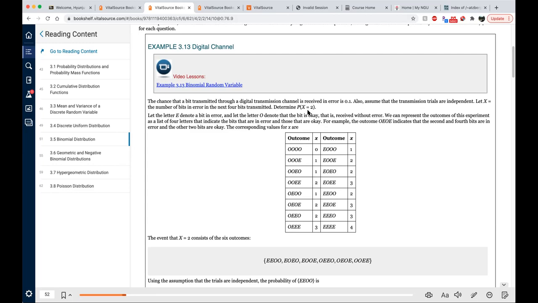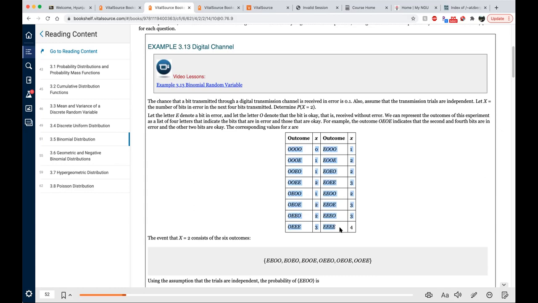So there is a sequence of 4 bit transmissions, right? There are only two possible outcomes for each transmission: error or not error. So now we can think about how many combinations there are for that sequence.